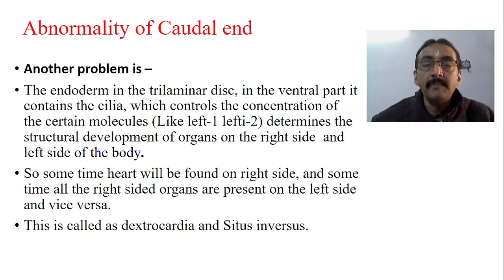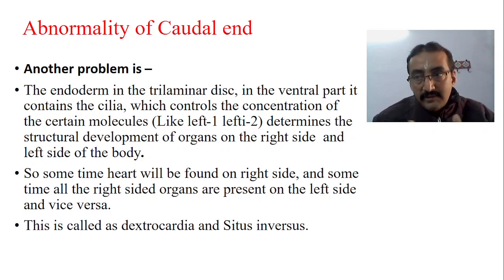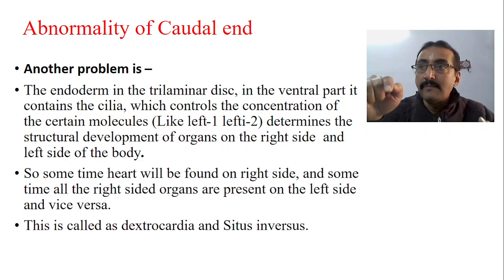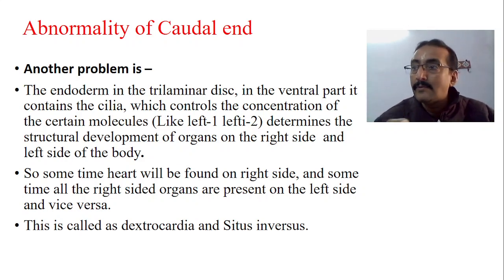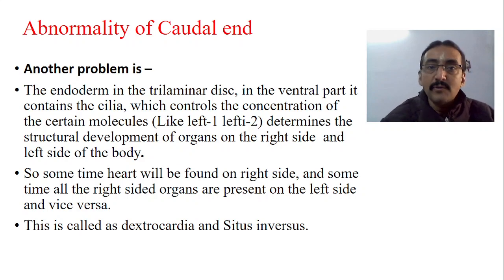I hope you understand. The structures should be distributed to the right side and left side, isn't it? In the initial period, during the trilaminar disc period, how are these structures given to the right side and left side? That is because of the swinging movement of the cilia, which are present in the uppermost layer of the endoderm.